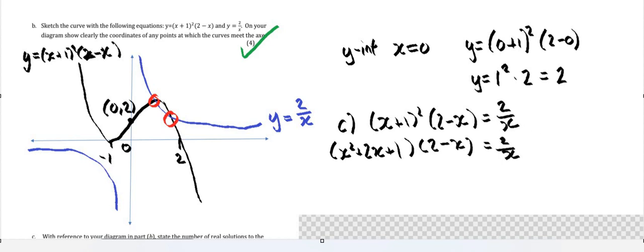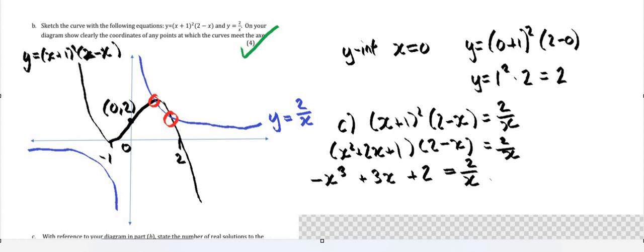When you're doing this, don't suddenly forget about one side of the equation, otherwise you will end up getting confused. Now I'm going to multiply these two together. Again, remember using the grid method is helpful. I'm just doing this quickly. So I end up with minus x cubed plus 3x plus 2, and that's equal to 2 over x.